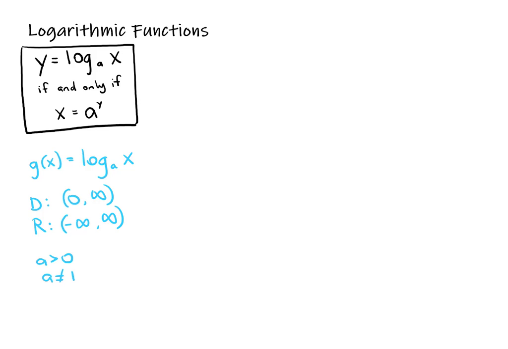Now, I've stated that the logarithm can have any base that is positive, as long as it's not equal to 1. But we also have some special bases that exist, so let me introduce you to them right now. e is our exponential number, and we use it so often that when we write log base e of x, that's just a lot of letters for something that we use very often.